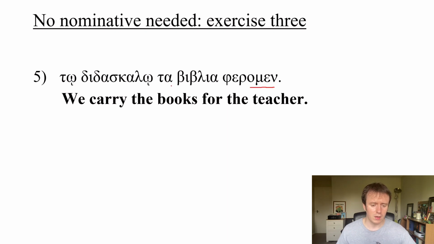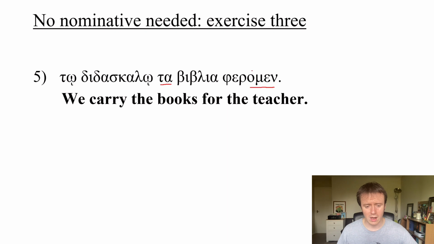We had the direct object, the accusative in the middle, ta biblia, and I hope you got that it was in the plural. Okay, this new noun biblion was in the plural here, as indicated by the neuter accusative plural definite article ta, which is visually identical to the neuter nominative plural form of the definite article, but it can't be nominative here. It wouldn't make any sense.